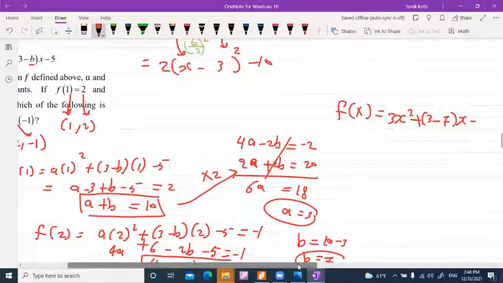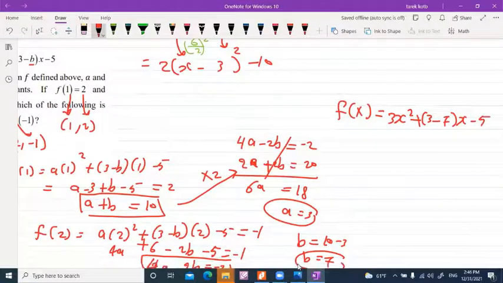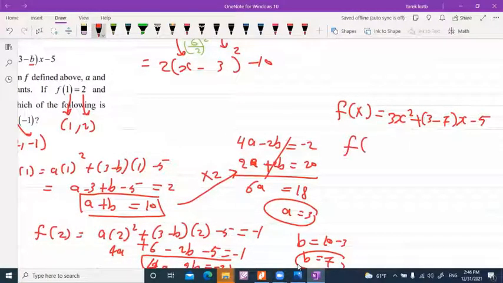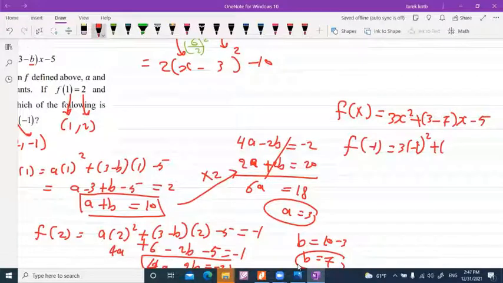And you want to get f(-1). f(-1) means replace x by -1: 3 times (-1) squared plus 3 minus 7, which equals -4, times x, which is -1, minus 5. So the answer will be 2. Okay.